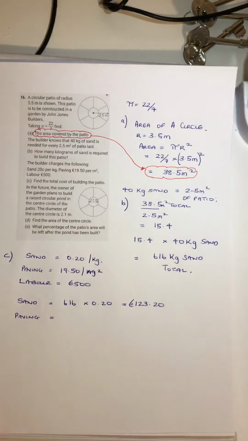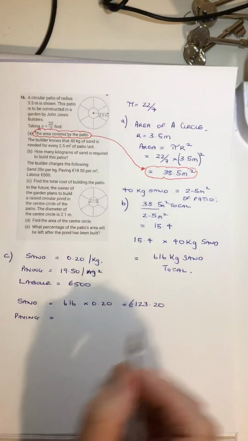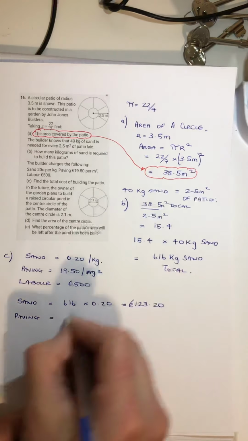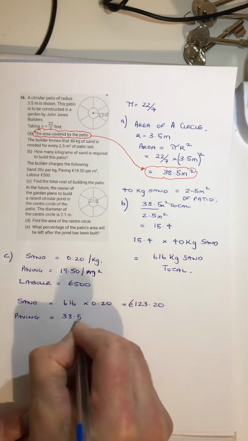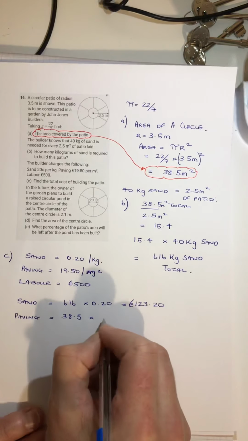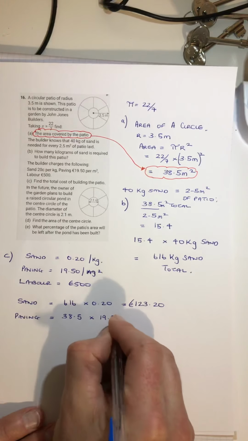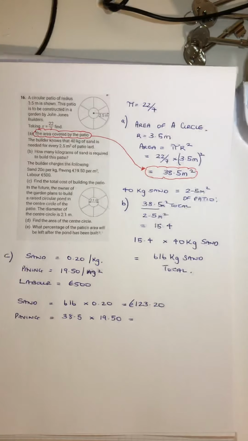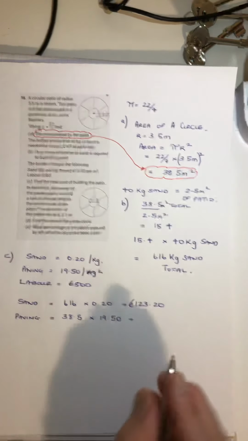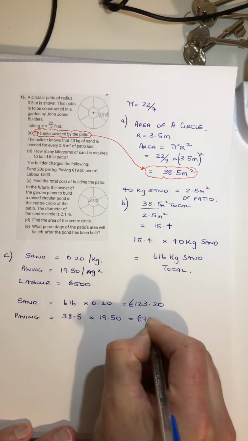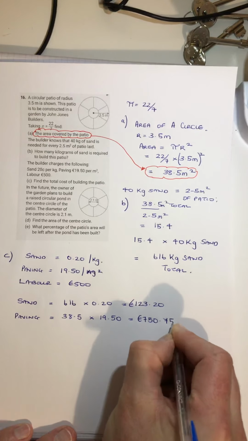The paving is going to cost me, so to pave all of this, 38.5, multiply that by 19.50, which is equal to €750.75.